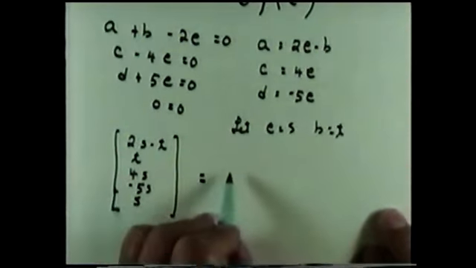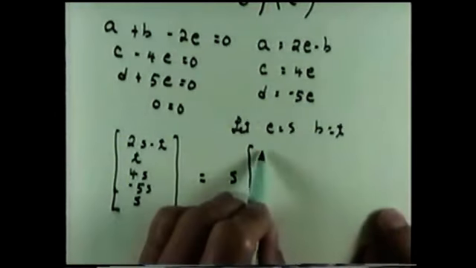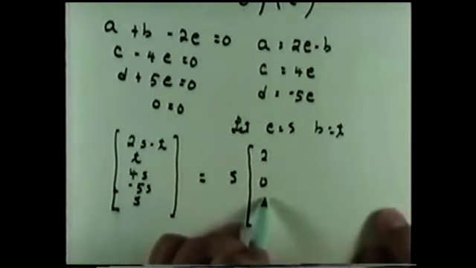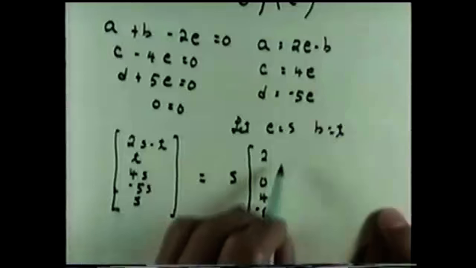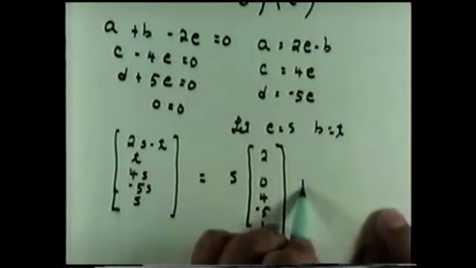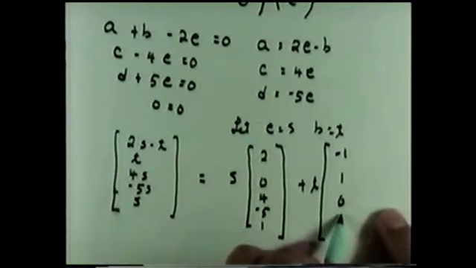I can write this as s times the vector 2, 0, 4, negative 5, 1 plus t times the vector negative 1, 1, 0, 0, 0.